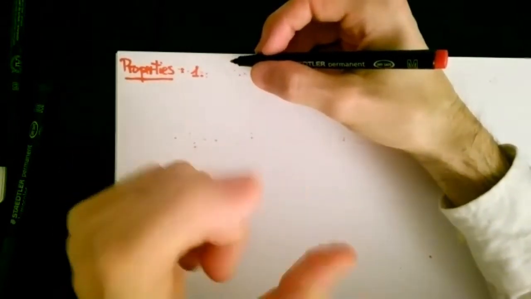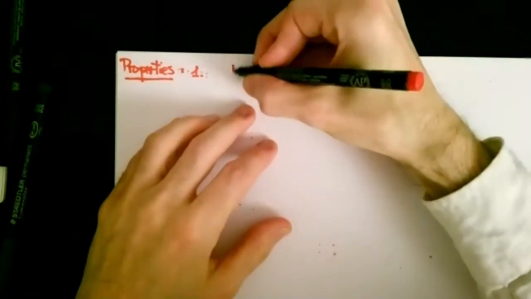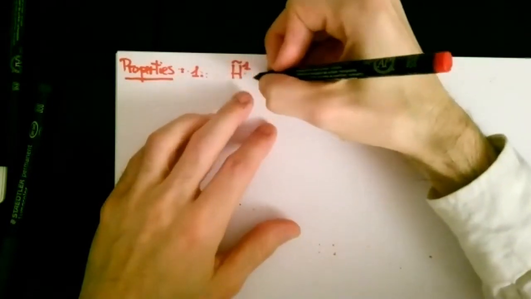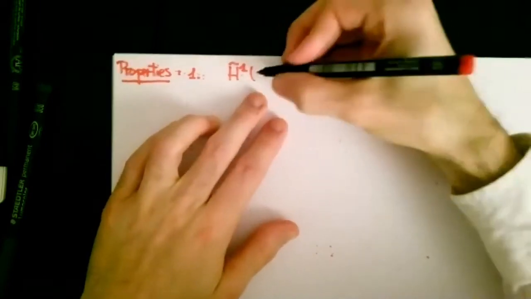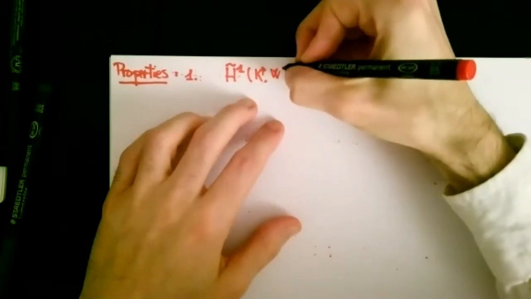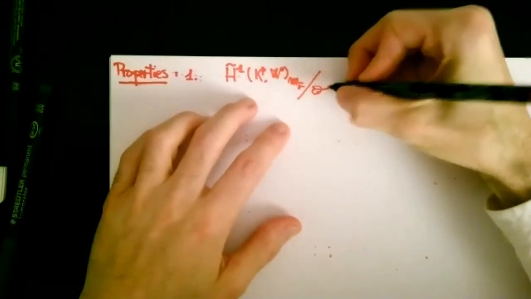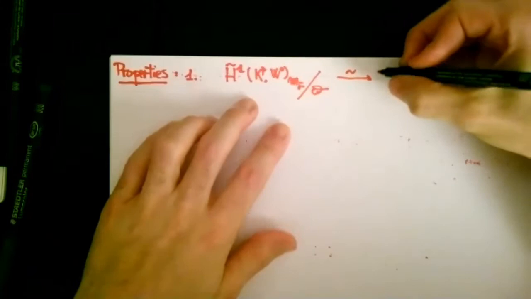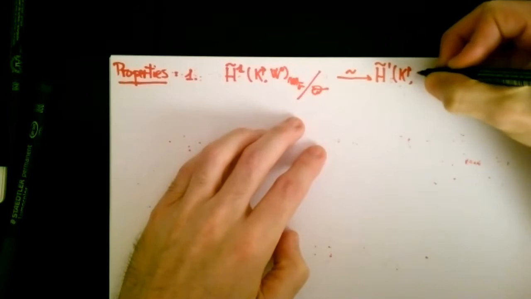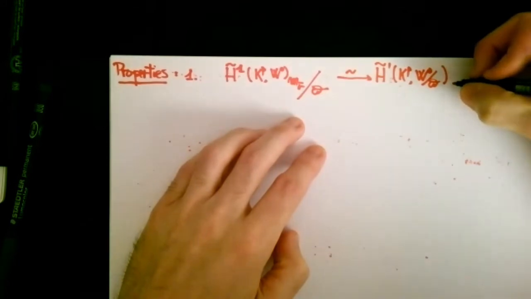When I reduce the coefficient mod P, we have a natural isomorphism between the H1 tilde, here, from now on, it's the algebraic H1. So here we have H1 K upper P, W naught, localized at M R bar. If I quotient out by pi, this is isomorphic to the H tilde 1 Kp W naught mod pi localized.